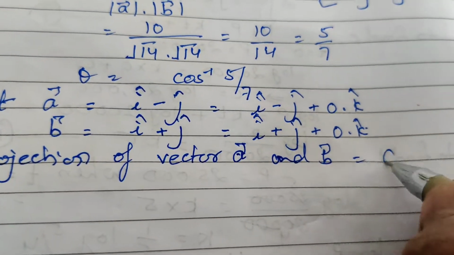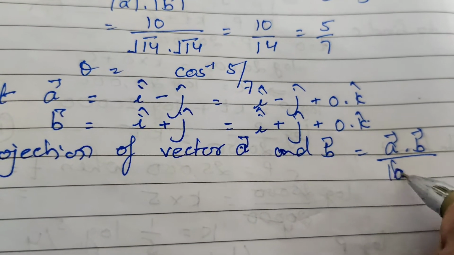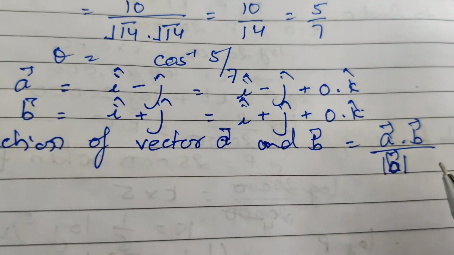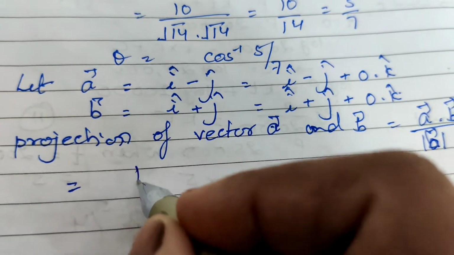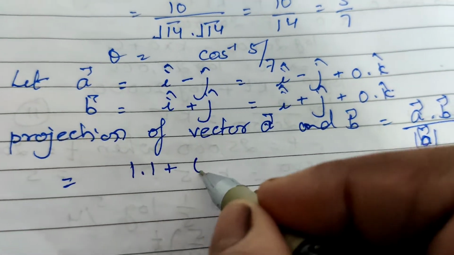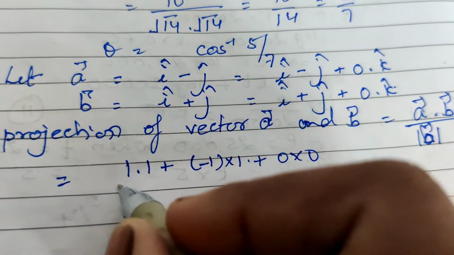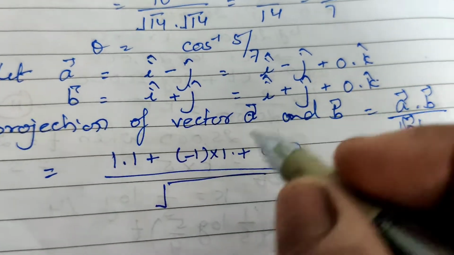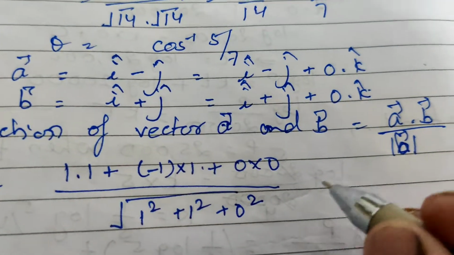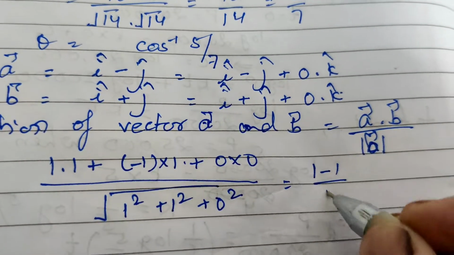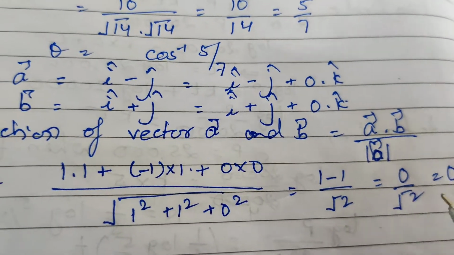It is equal to A vector dot B vector by magnitude of B. Now multiply 1 into 1 plus minus 1 into 1 plus 0 into 0, divided by magnitude of B, which is 1 square plus 1 square plus 0 square. Then the numerator 1 minus 1 over root 2 is 0 by root 2. The projection is 0.